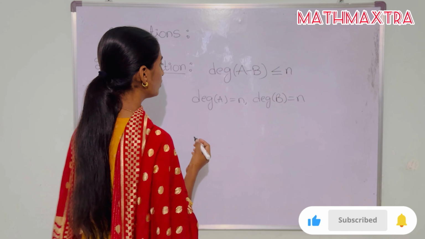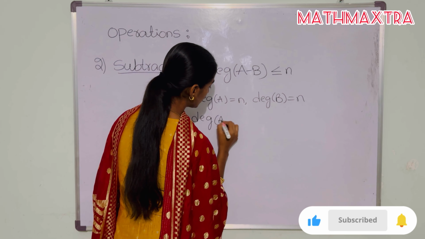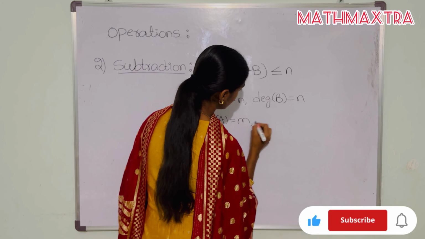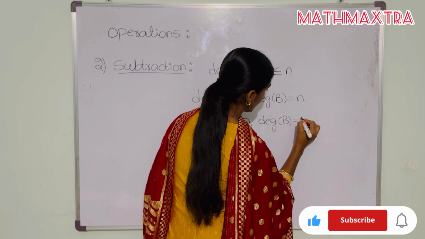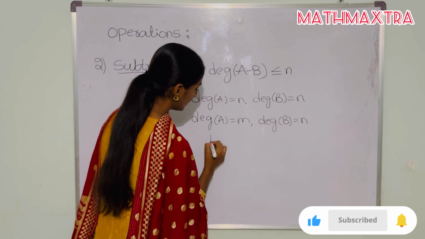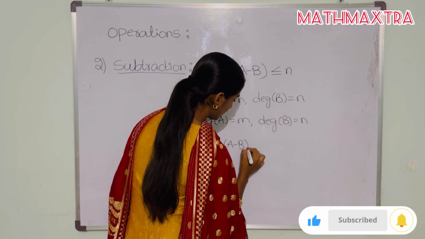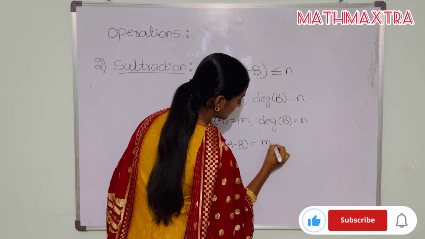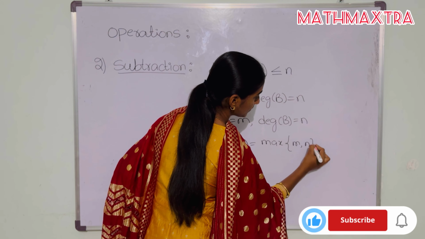Okay. So if we have two expressions of different degrees, one is m and one is n, then the degree of a minus b is the maximum of m comma n.